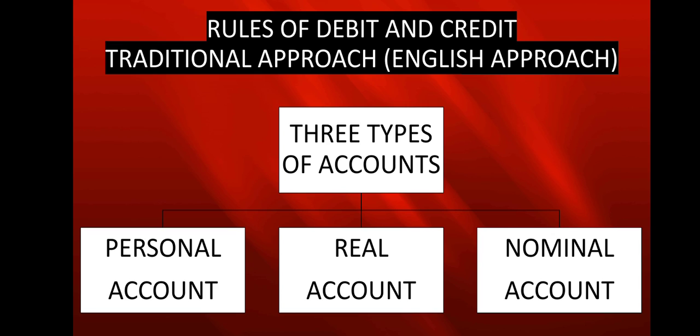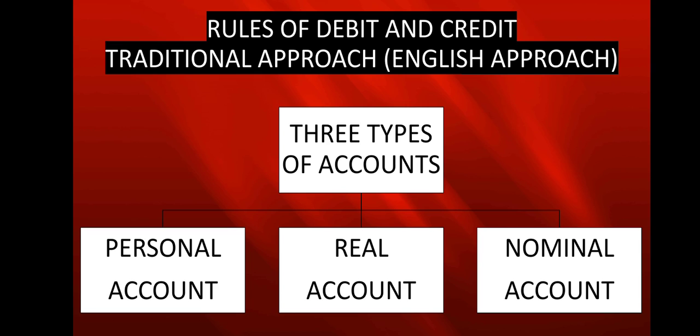Okay, so let me put it in short for you children. Personal accounts are those accounts related to human beings, individuals, organizations, entities. Real accounts are those accounts related to assets. You all should know what is the meaning of asset by now. The economic resources. Liabilities.